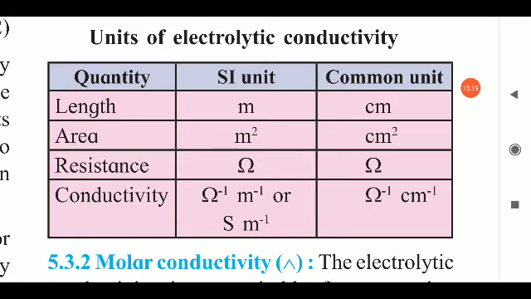Area will be meter square, and the common unit will be centimeter square. And students, resistance is in ohm, and the common unit is also ohm. Conductivity is ohm inverse meter inverse, or we can also write it as Siemens per meter. And the common unit is ohm inverse centimeter inverse, that is ohm raised to minus 1 centimeter raised to minus 1.